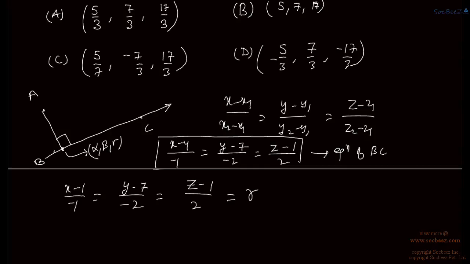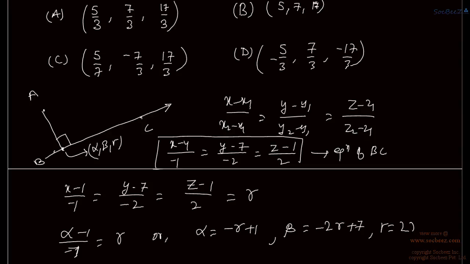So if alpha, beta, gamma satisfies this line, then that means alpha, beta, gamma lies on this line. So we have alpha minus 1 upon minus 1 is equal to r, which means alpha is equal to minus r plus 1. Similarly, beta is equal to minus 2r plus 7 and gamma is equal to 2r plus 1, right? Okay.